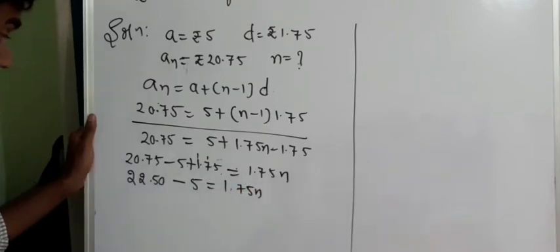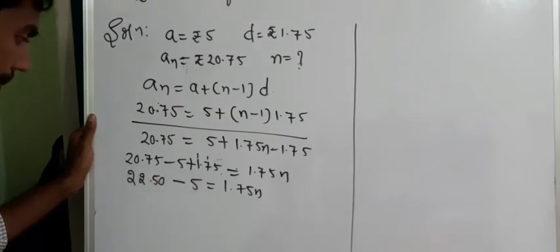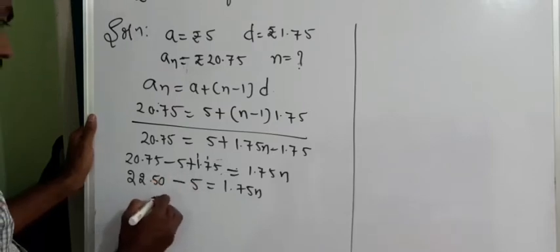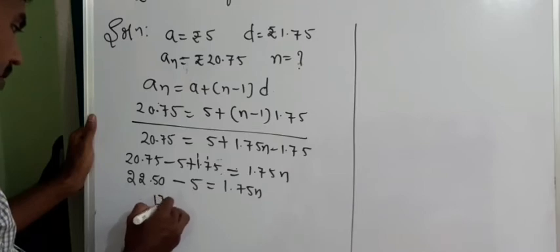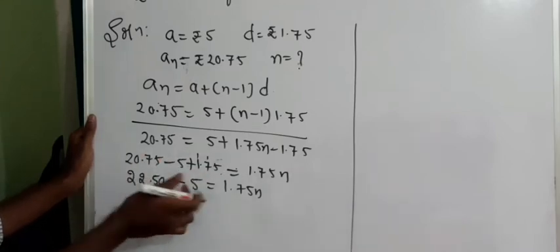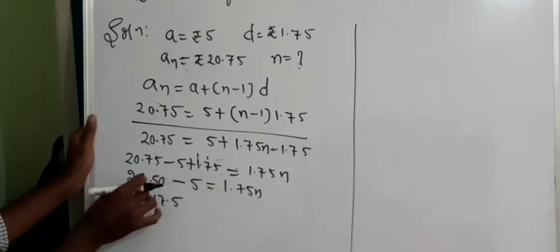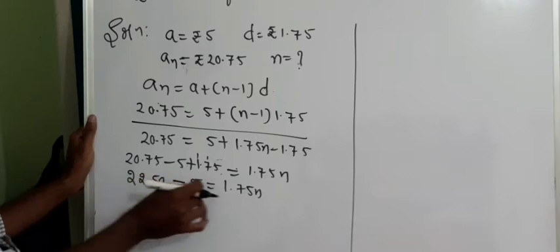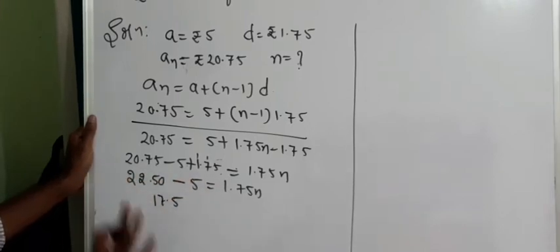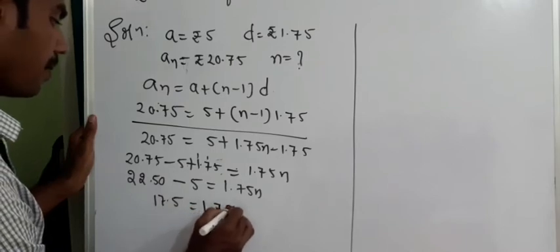Now 22 minus 5, that is 17.5. Is there any decimal part in 5? No. So I need to handle the whole part: 22 minus 5 is 17. 17.5 is equal to 1.75 n.